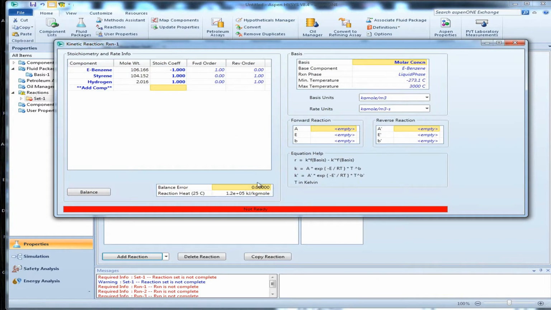And when we see the balance is 0, it's good. So the stoichiometric coefficient is alright.